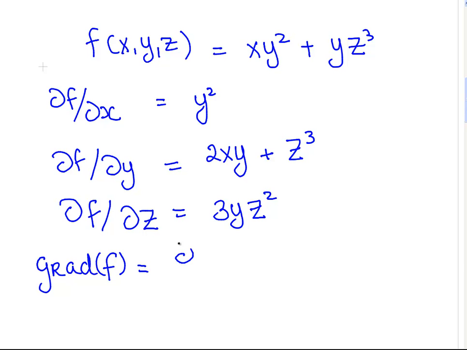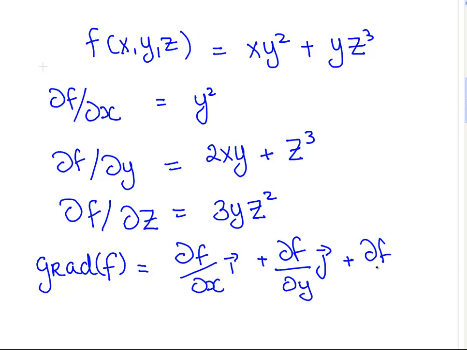So the gradient of f, grad of f, is, by definition, the derivative of f with respect to x, that's the i component, plus the derivative of f with respect to y, that's the j component, plus the derivative of f with respect to z, and that is the k component.